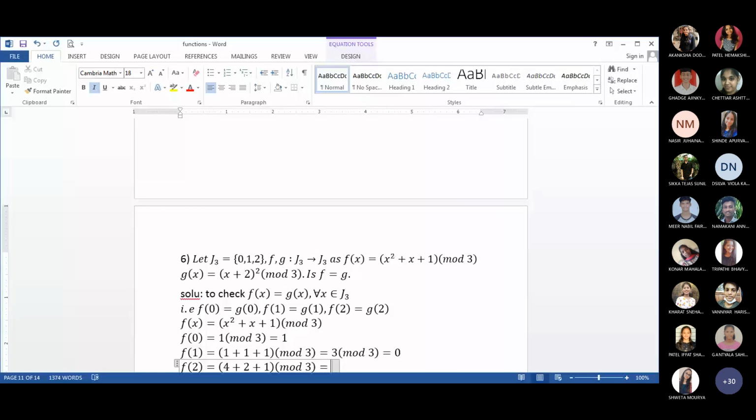That is how much? 6 plus 1, 7. 7 mod 3, and 7 mod 3 is 1.